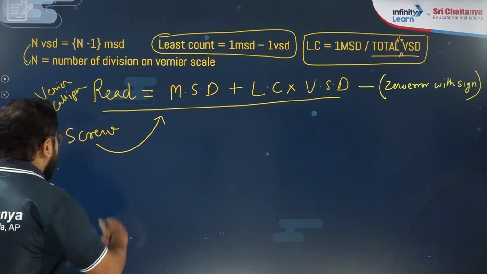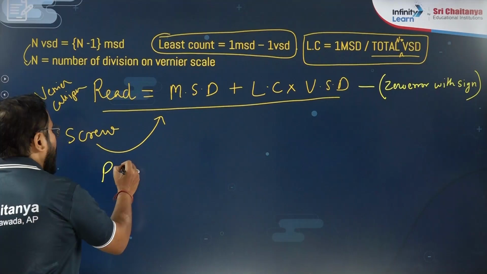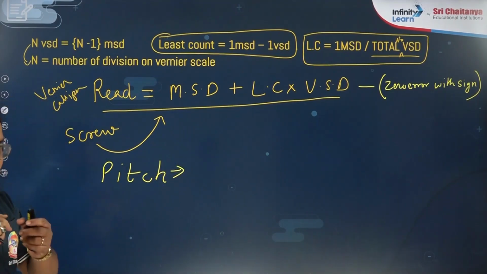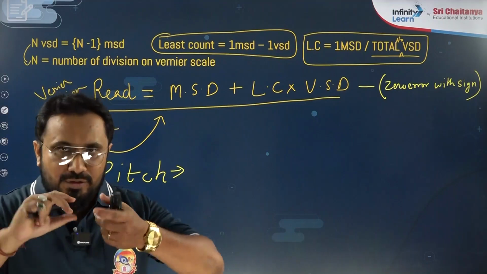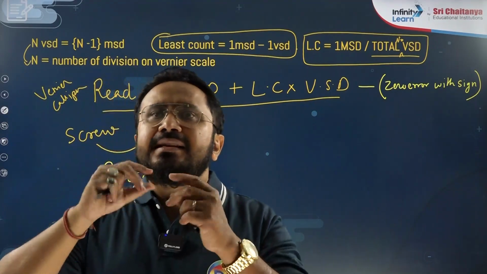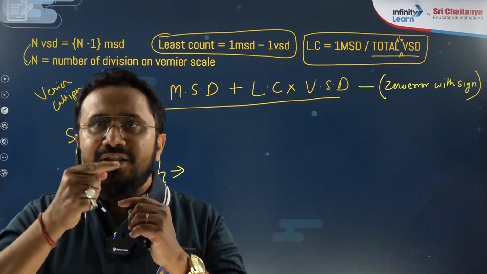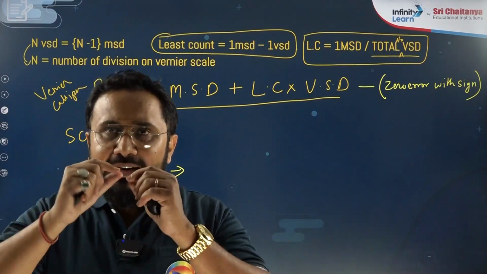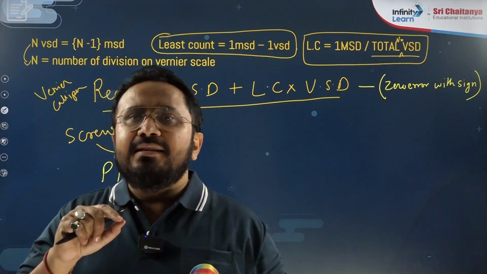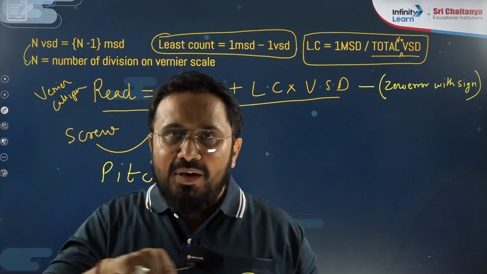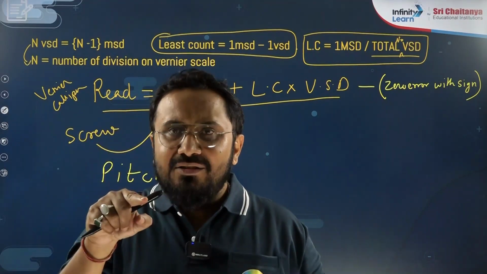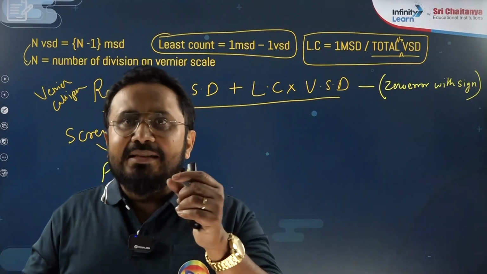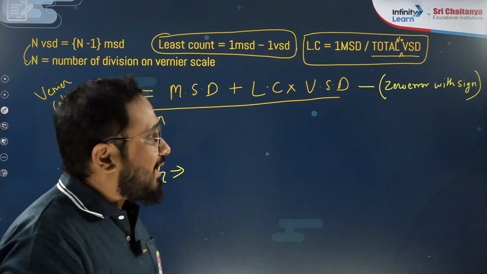For the screw gauge system, what is the pitch? Pitch is one complete rotation. When you rotate the screw gauge, there is one complete rotation. It is something like a spring. When you rotate a spring, or if you have studied the cyclotron, it completes its rotation somewhere. So the complete rotation and the horizontal distance travelled in that is known as pitch.